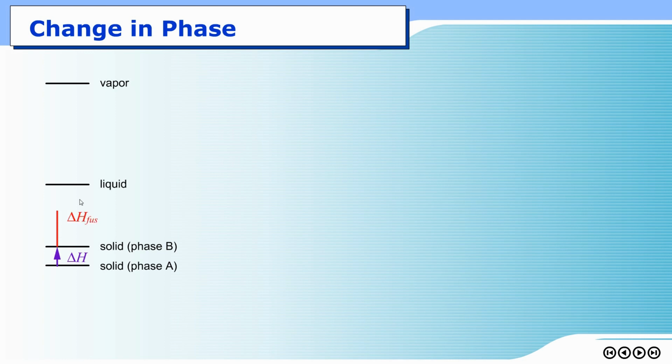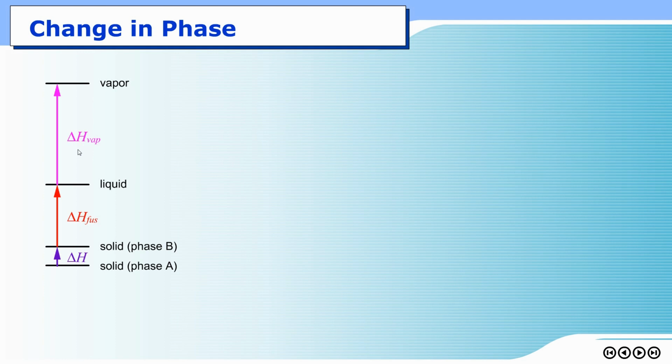Conversion from solid to liquid is called the process of fusion or melting. The change in enthalpy associated with melting is called the heat of fusion. The conversion from liquid to vapor is called the process of vaporization, and the change in enthalpy here is called the heat of vaporization.